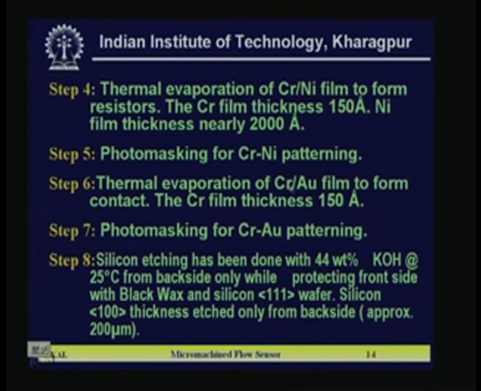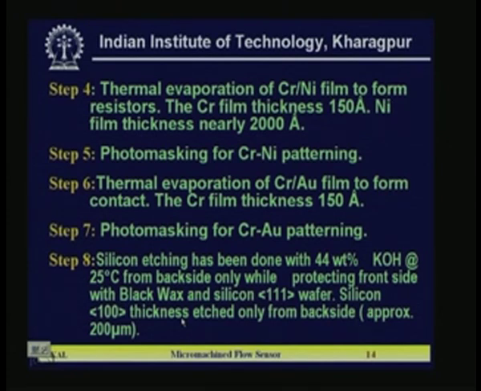Then you go for the chromium gold patterning, photomasking for chromium gold, and step 8, silicon etching, which is micromachining of silicon with 44% KOH at 25 degree centigrade from the back side only, while protecting the front side with black wax, on a silicon 100 wafer, etched only from the back side approximately 200 micron.